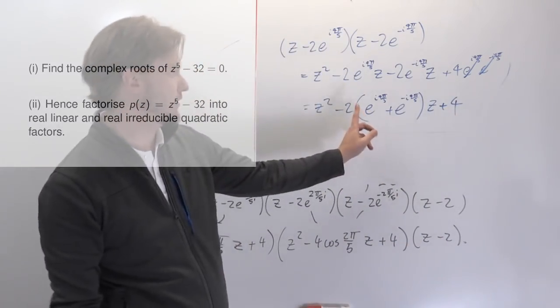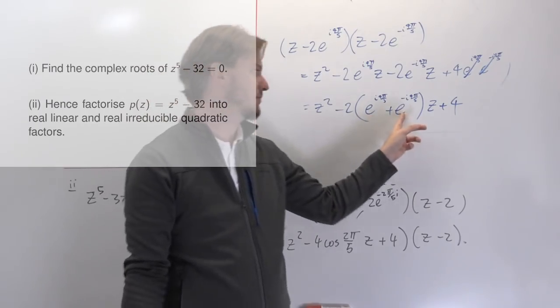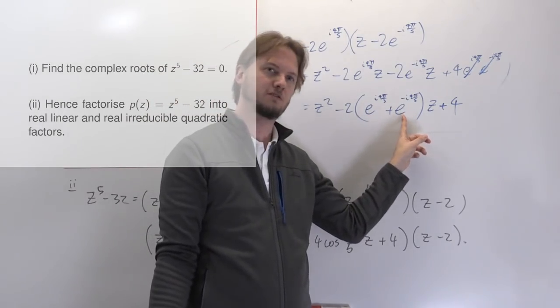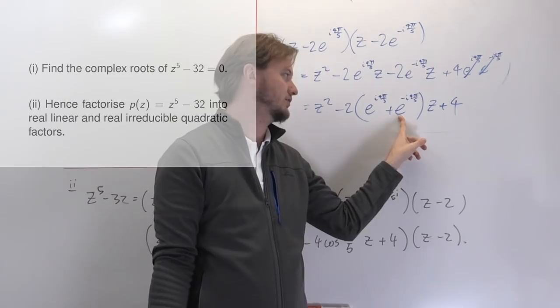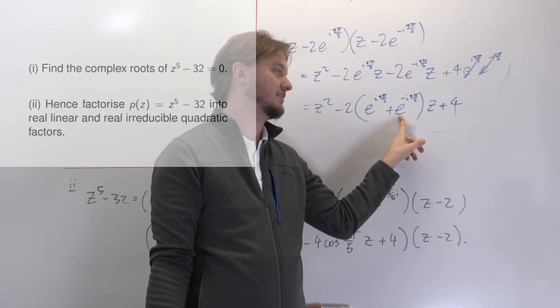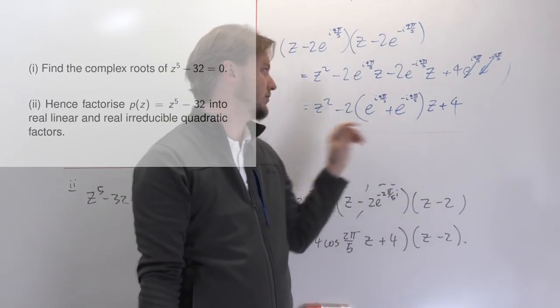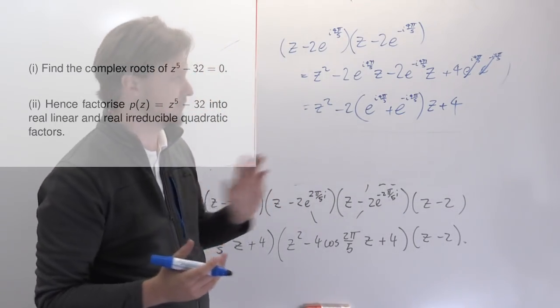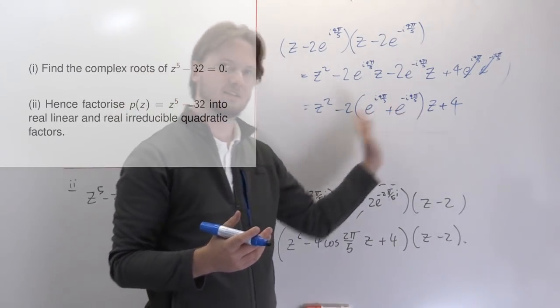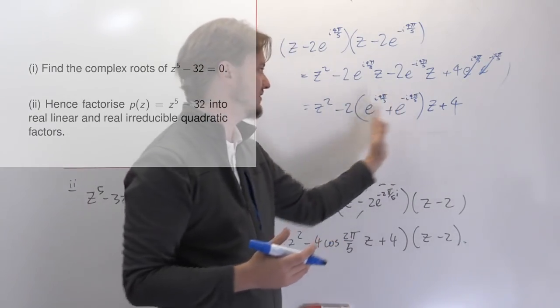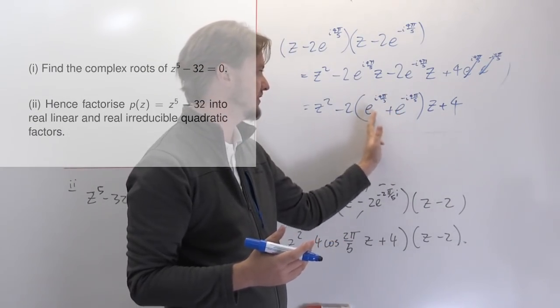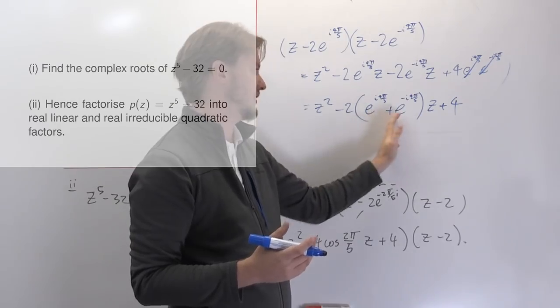You should recognize this is just a number plus its complex conjugate, so you will just get twice the real part. If I want to be even more explicit, I can use the r e to the i theta expansion, but at this stage I think this is twice the real part of this.